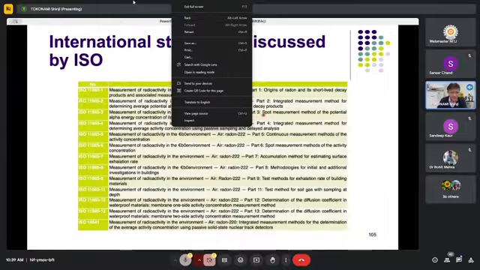Part 3, spot measurement method of the potential alpha energy concentration of its short-lived decay products. Part 4, integrated measurement method for determining average activity concentration using passive sampling and delayed analysis.